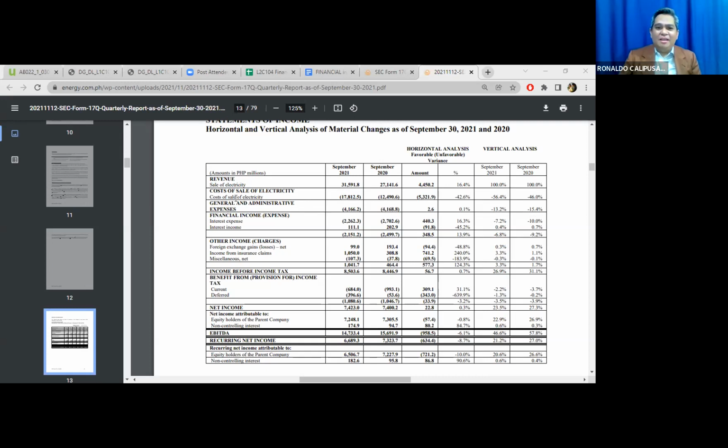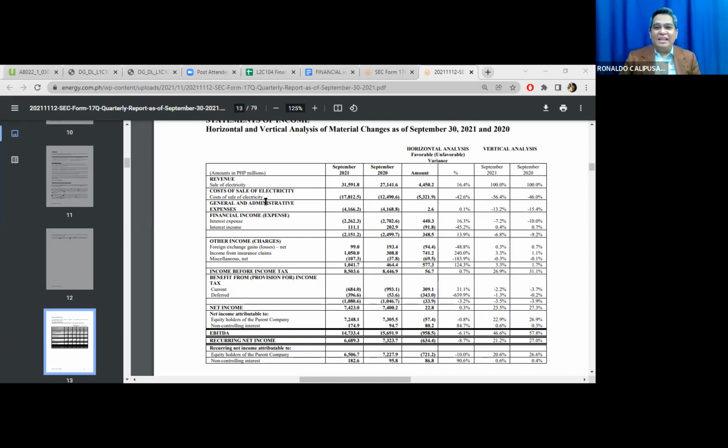When you say cost of sales, this is directly related to the revenue, to the product that they are selling. Since this is electricity, this cost of sale is probably their cost of generation of, for example, geothermal energy or wind energy. So that's the total here of 17.8 billion.